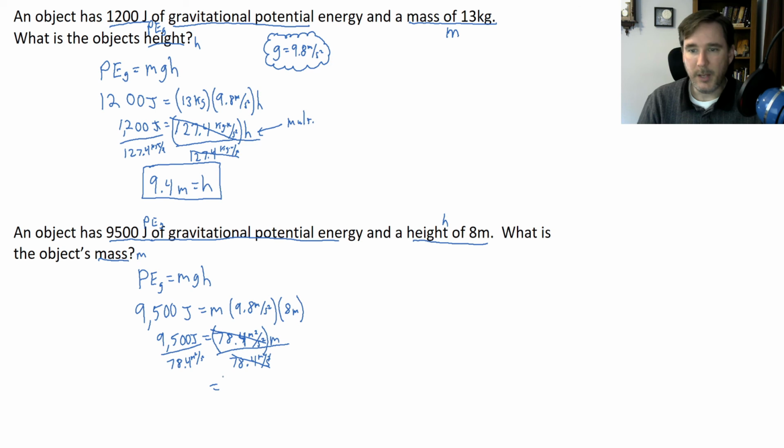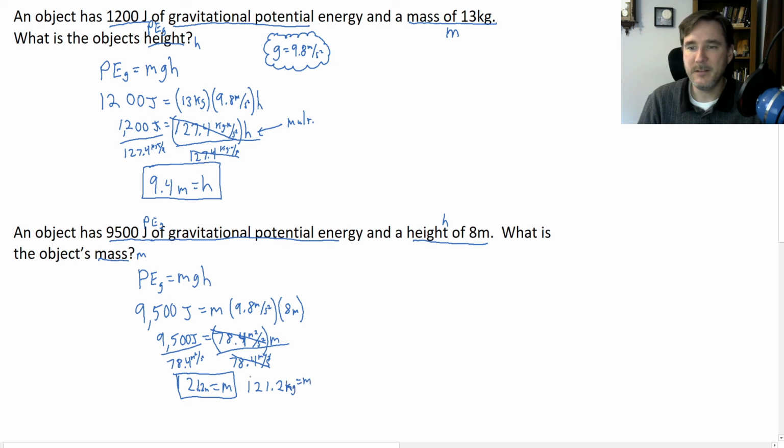78.4, and that leaves us with 121. We'll just say 0.2, because that's all I have room for. I don't know why I wrote the equal sign earlier. And tell you what, I think that's very sloppy. Let me rewrite that. 121.2 meters is equal to, that's actually kilograms.